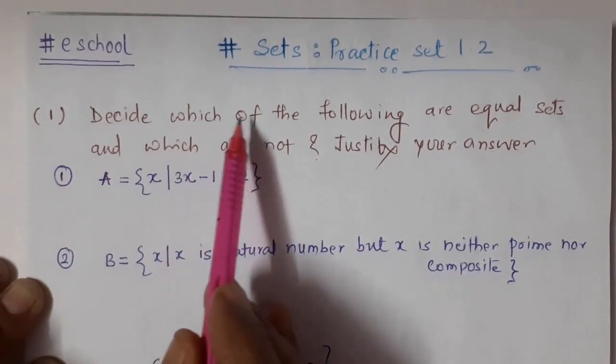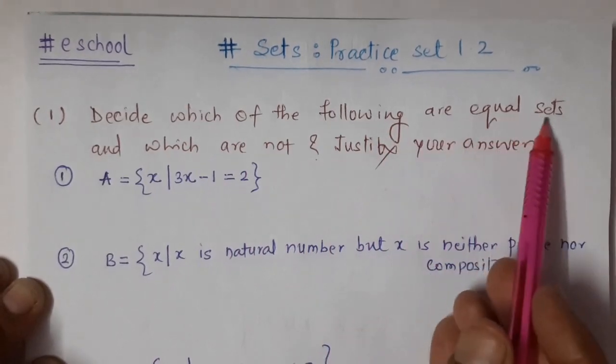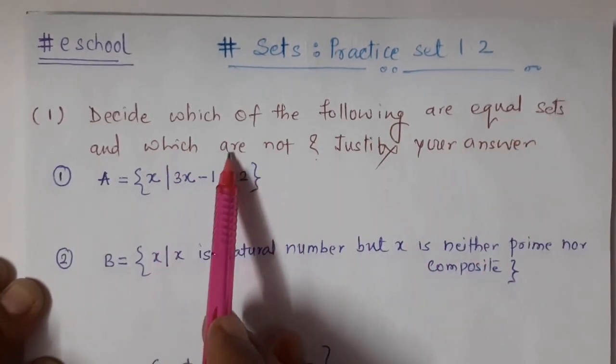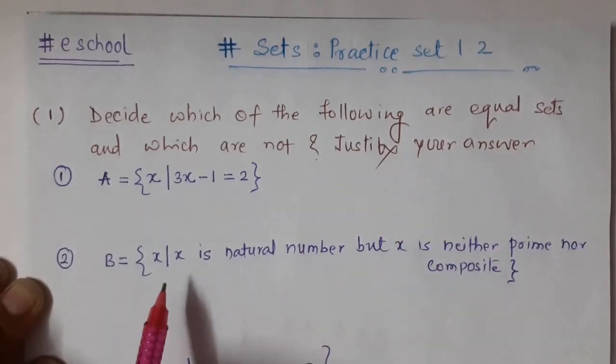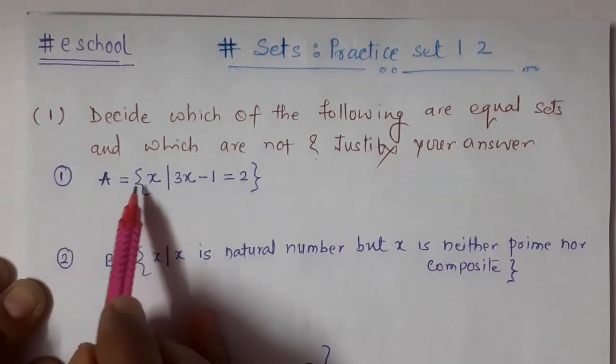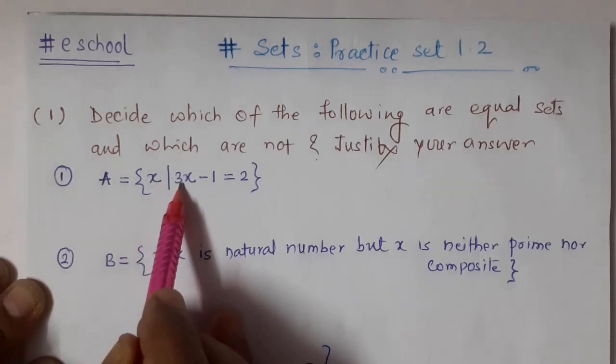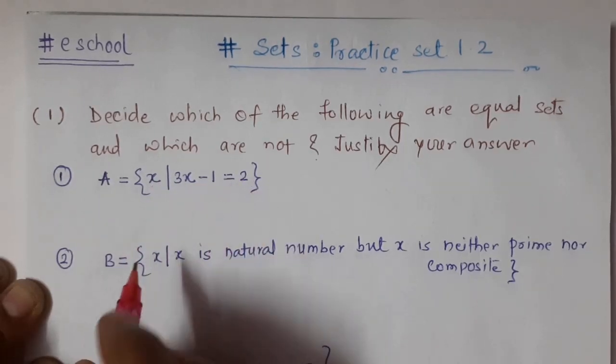Decide which of the following are equal sets and which are not, and justify your answer. So, A is a set of x where 3x minus 1 is equal to 2.